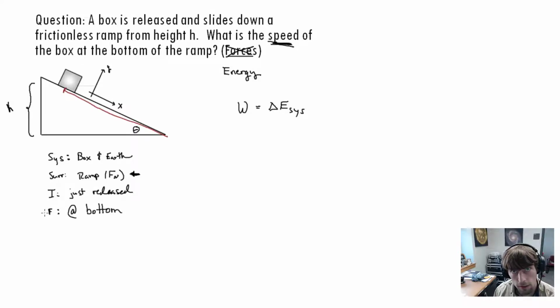You should notice that the work is 0, because the normal force, the force of the ramp on the box, is perpendicular to the displacement of the box. In other words, the normal force is this way, the displacement's that way. The work done on the box will be 0. They're perpendicular to each other. So the left side of this equation is 0.